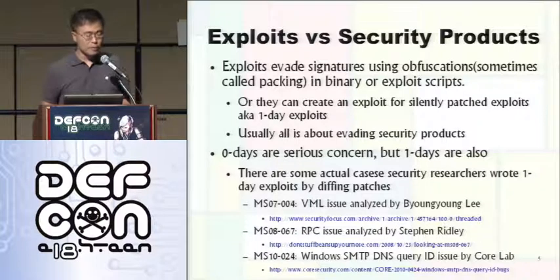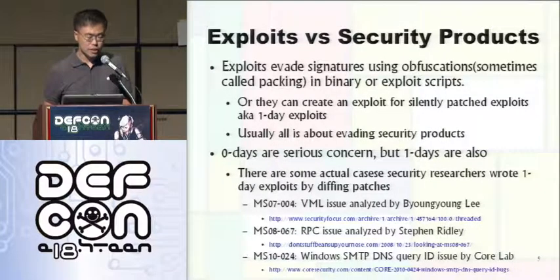So what exploits are doing these days is using obfuscation to evade all the signature systems like IDS or IPS. If you look at some JavaScript exploits, you will see some random bytes there. You will never see the direct, explicit exploit there. So this is all about evading the security product.